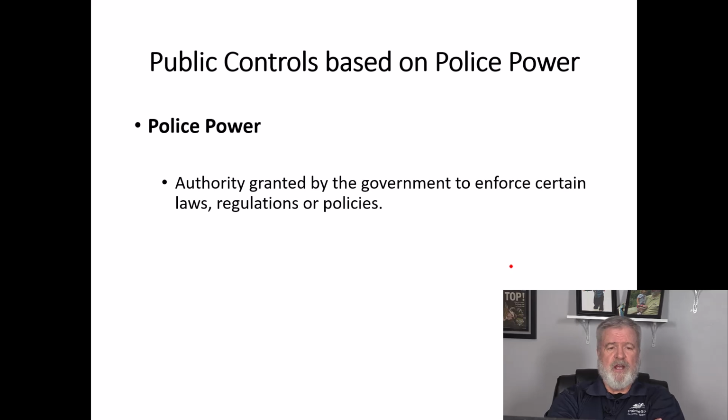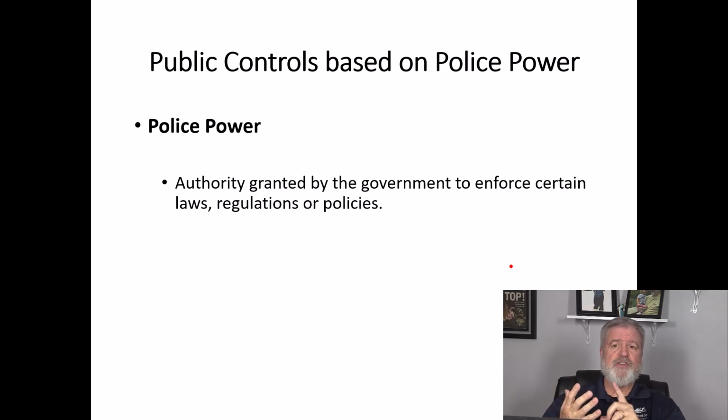Police power. Here we go. First of all, what is police power? Now this is not like the sheriff's department, right? Or the police department. We're talking about authority here. But anyway, let me just give you the definition and we'll talk about it. Police power is just authority granted by the state. And it could be granted to a person, to an individual, to an office, whatever.